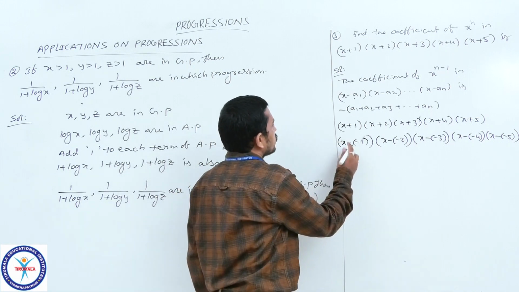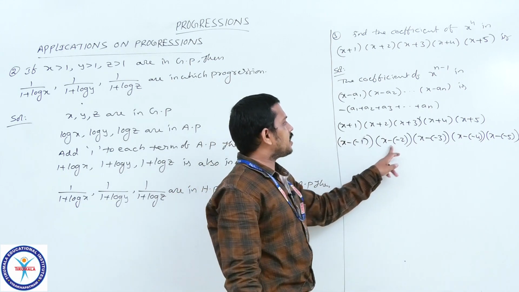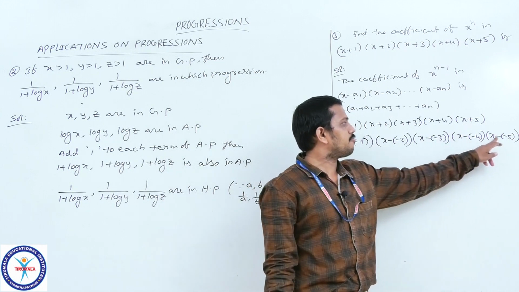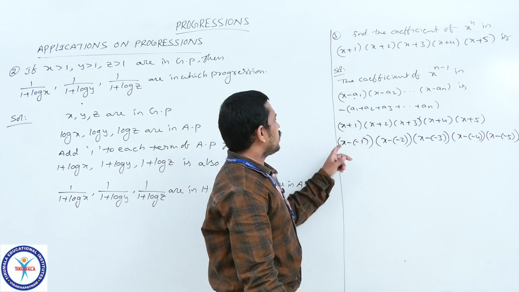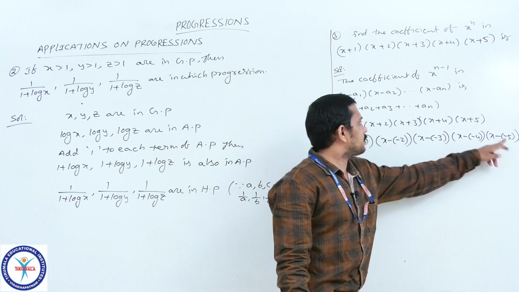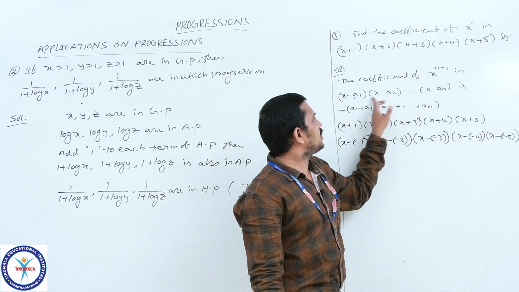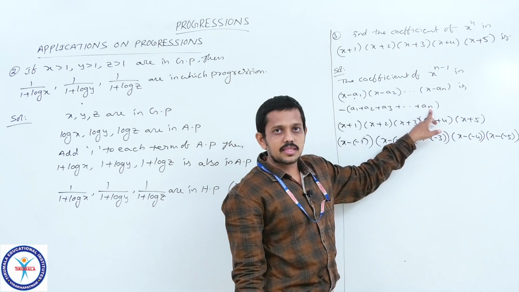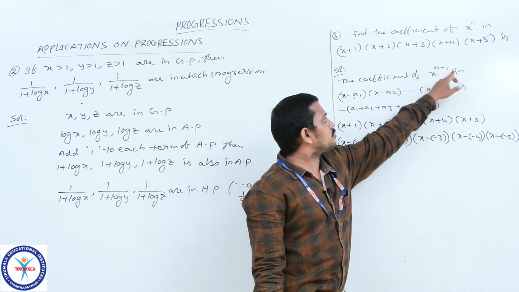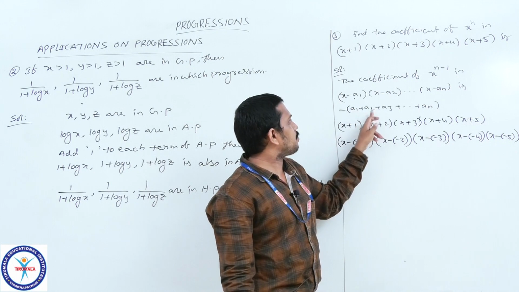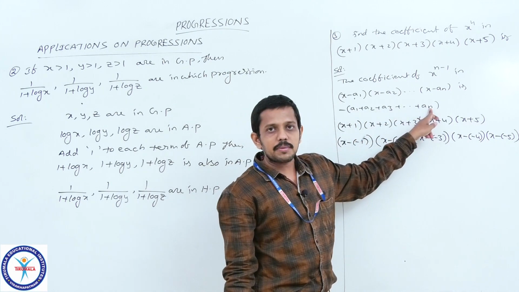Then this is in the form of x minus a1, x minus a2, x minus a3, x minus a4, x minus a5. And therefore, if n terms are there, then the x power n minus 1 coefficient is minus of a1 plus a2 plus a3 plus and so on plus an.